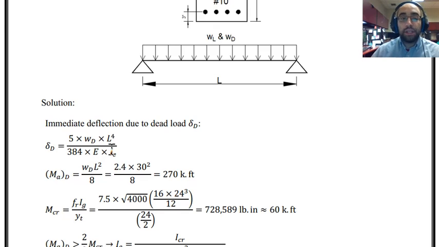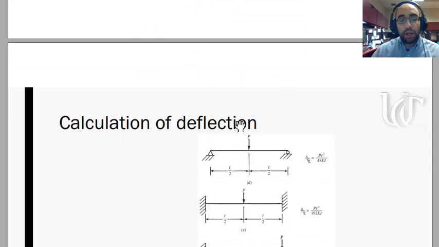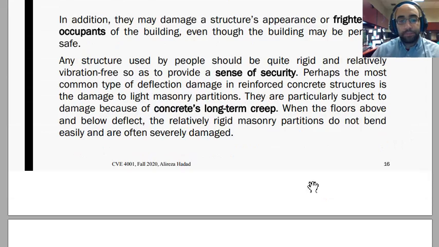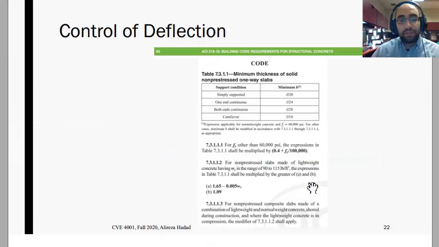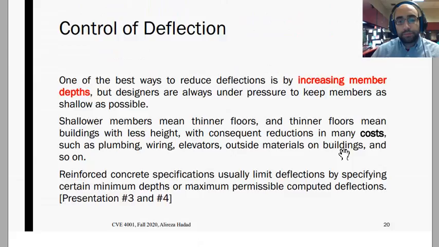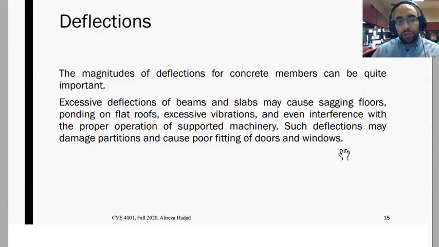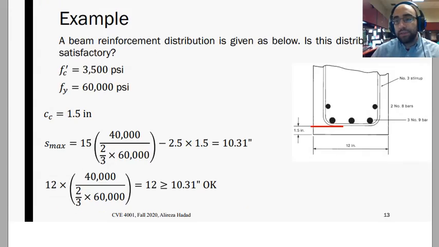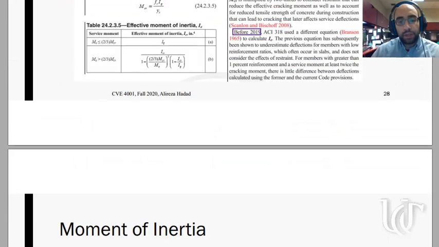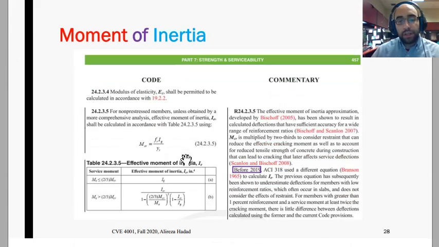I have to see this table based on the very recent and last version of the ACI code, and as you remember, I specified the equation for that, and as you can see, it is mentioned over here in slide 28. This is the table that we need to use for finding effective moment of inertia.